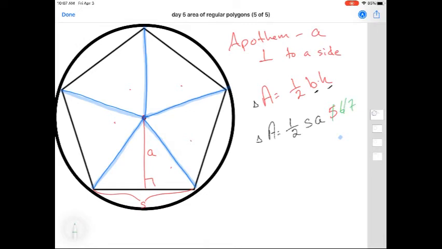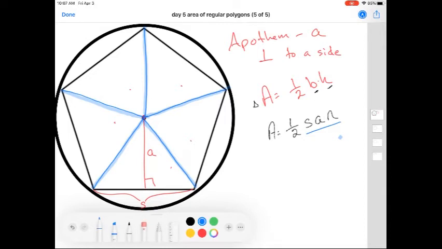To find a general formula, the letter we use to represent the number of sides is n. When we multiply these three things, it's not only giving us the area of one triangle, it's giving us the area of the entire polygon.